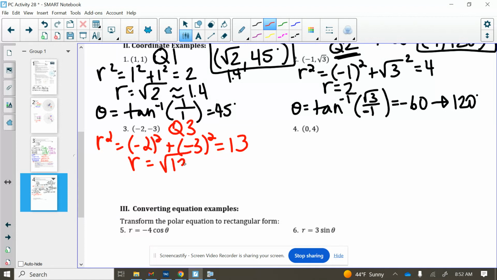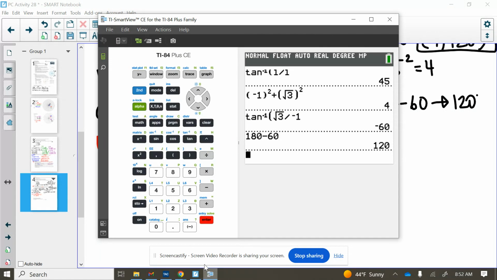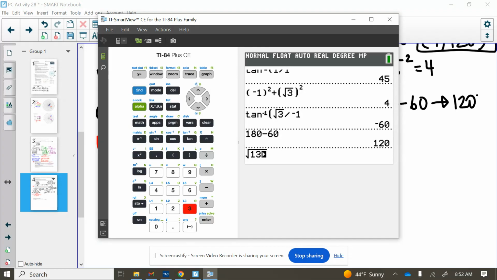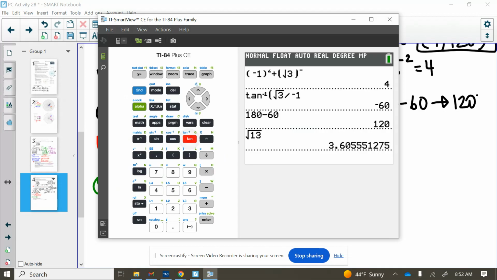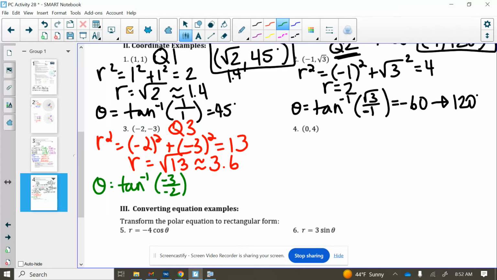So our r value is either the square root of 13, or if we are rounding, square root of 13 would be about 3.6. For our inverse then, this time, we would be taking tan inverse of the y value divided by the x value. So tan inverse of negative 3 over negative 2 is 56.3.